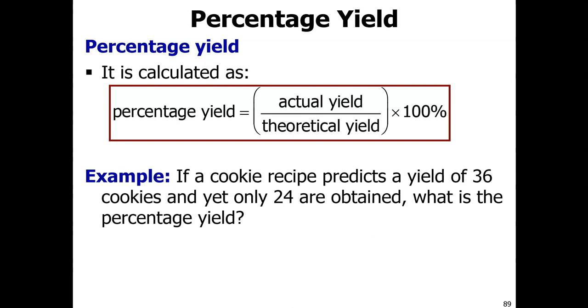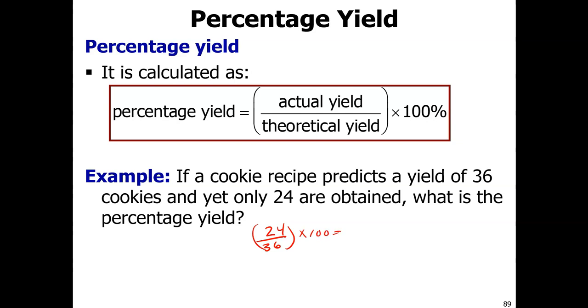So here's an example. If a cookie recipe predicts a yield of 36 cookies and only 24 obtained, what is the percent yield? So we would take this actual yield, 24, and divide it by 36. We take that value, multiply it by 100.